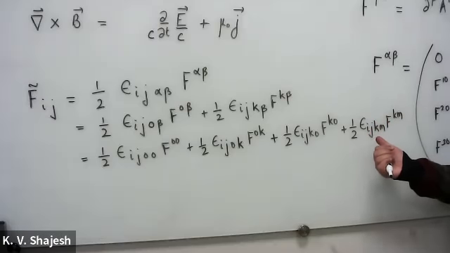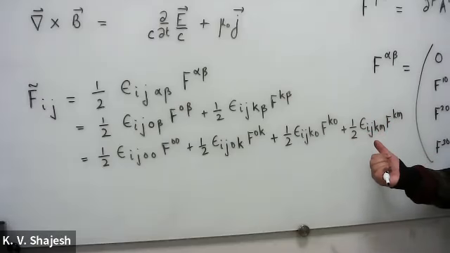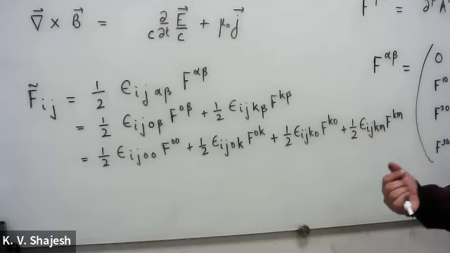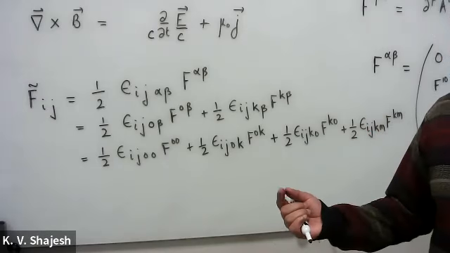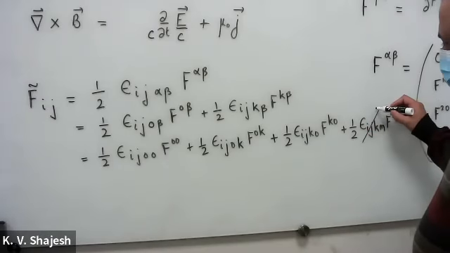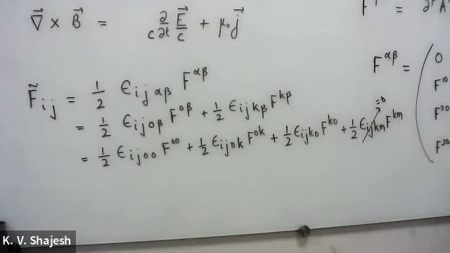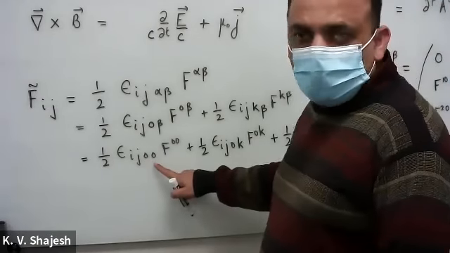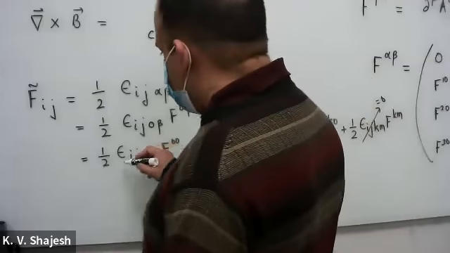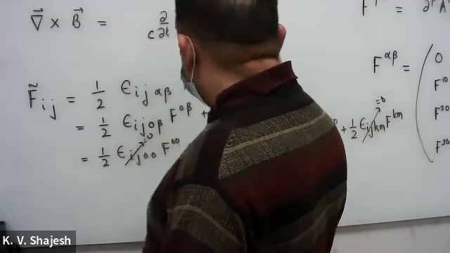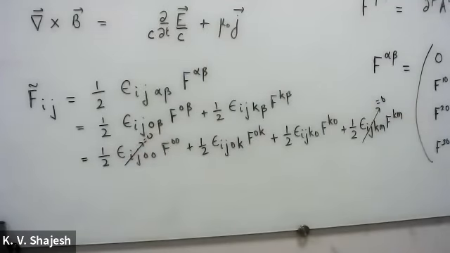So this has to be repeating. If it repeats, epsilon is 0. Levi-Civita by construction is 0 whenever the indices repeat. So this is 0. No choice. Next, this is repeating, right? 0 and 0. That's 0 again. Great.